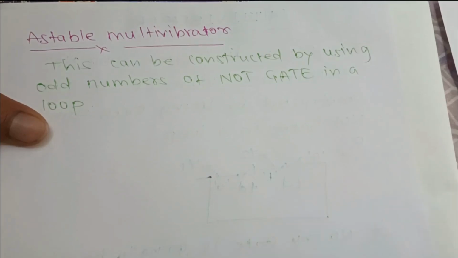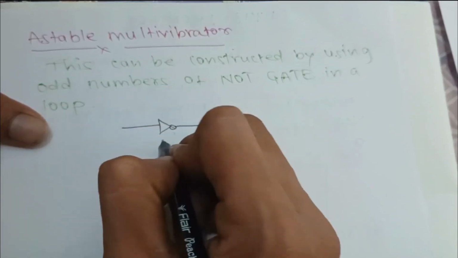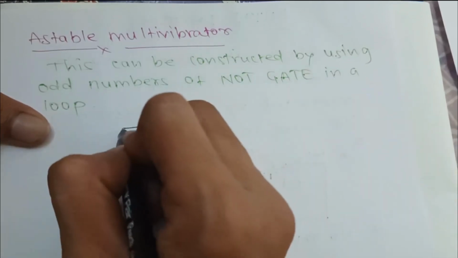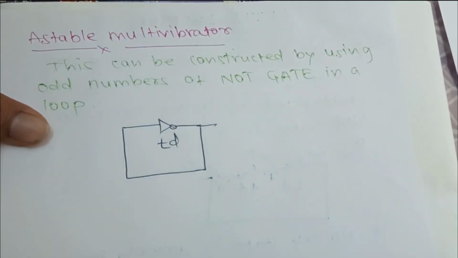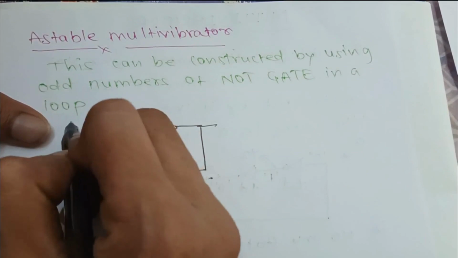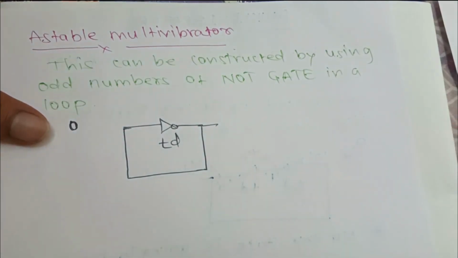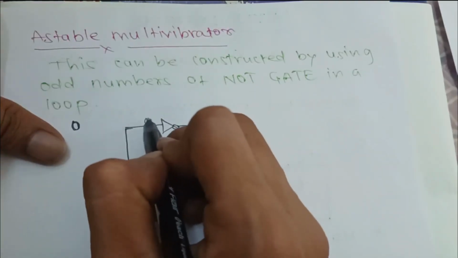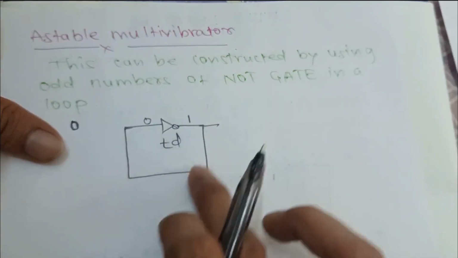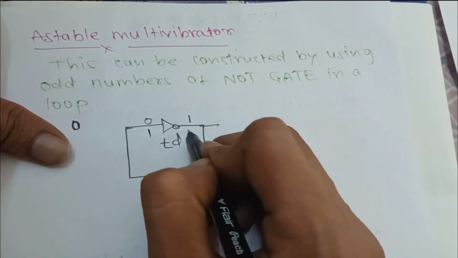Let's take the example of one NOT gate to understand. Suppose this is a NOT gate having time delay TD, and its output is given as input to itself. If you give 0 as the input to this NOT gate and let the circuit work on its own, it is going to generate 1. Next, 1 is given as input to itself, and the output is going to be 0.